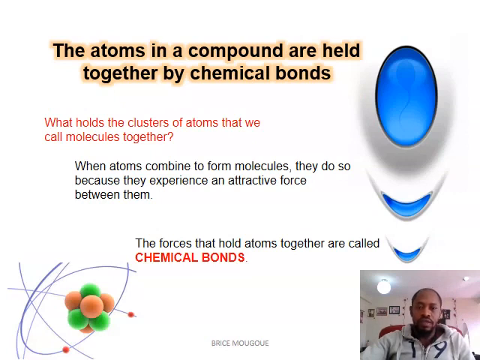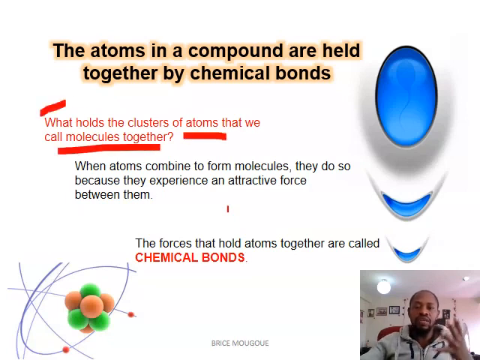We have been saying that when compounds are formed, the elements somehow react and the atoms recombine to form these compounds. But then these atoms are held together to form molecules. The question is, what holds these atoms together? When atoms combine to form molecules or later compounds, they do so because they experience an attractive force between them.